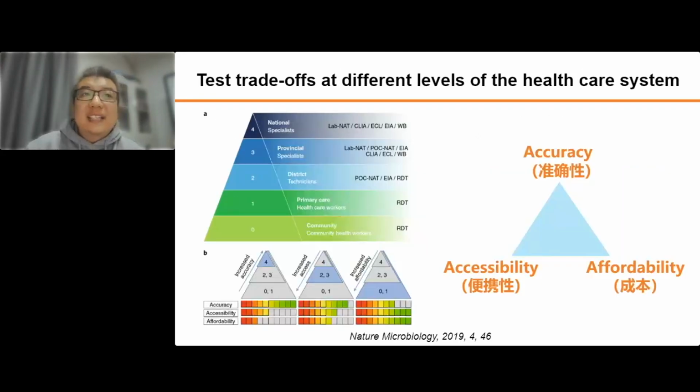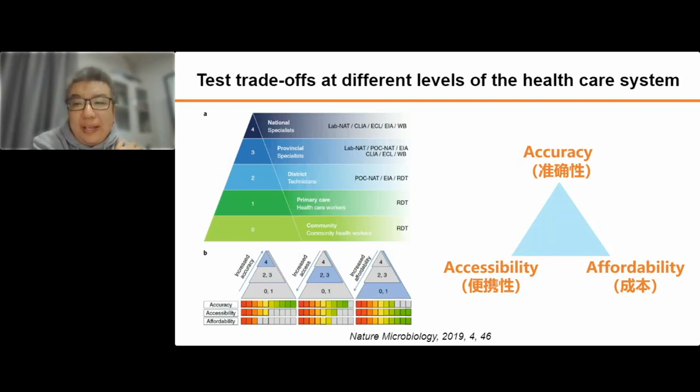So in such cases, there are actually different levels of the diagnostic conditions. The World Health Organization actually classified the diagnosis conditions into 4 different levels, from 0 to 4, based on the available resources, such as lab facilities and trained personnel.